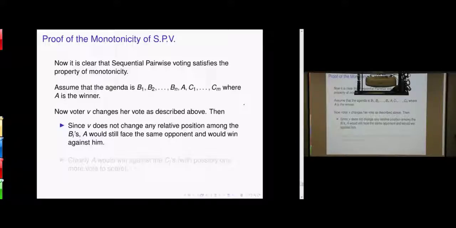For the rest, if A won against these candidates before, now after the change A gets one more vote, so A would win even more easily. So A would win against the rest also. Therefore, the SPV is actually monotonic.